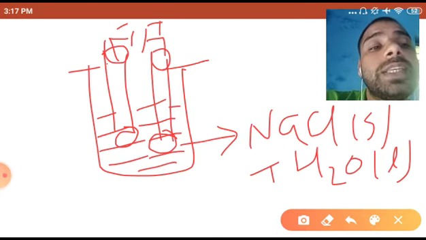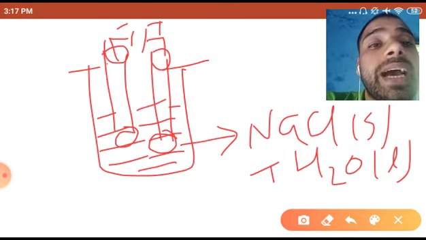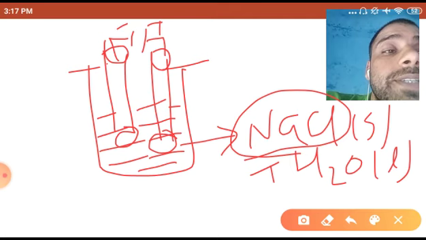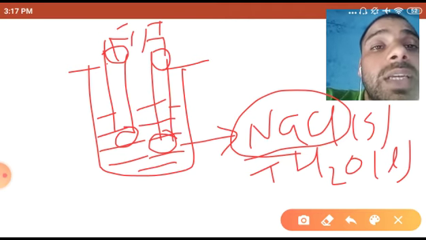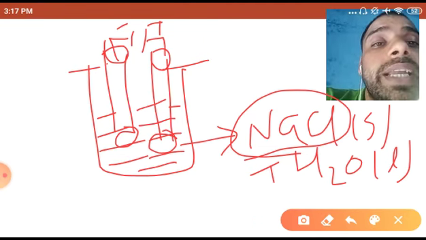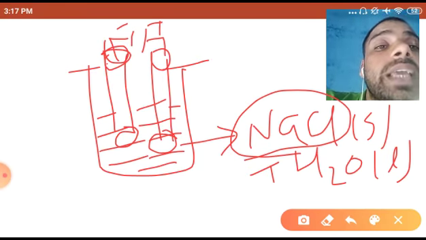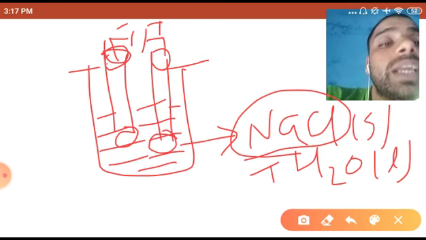So what you can see, this one is brine, and after passing electricity through this, the NaCl can break into ions. Now I am telling you, as you have understood, this one is negative, and this one is made up of electrode. Cathode and anode.